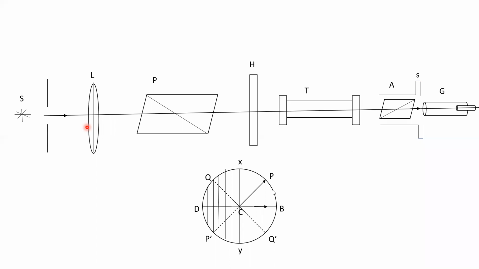Okay, suppose the impinging light is parallel to QCQ prime. When it falls on the quartz plate, it will be converted into ordinary and extraordinary light. The ordinary light travels along XCY.